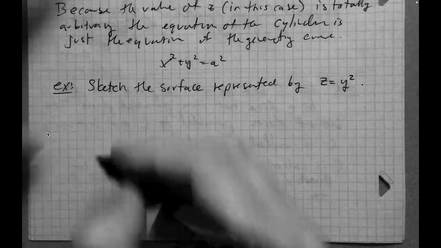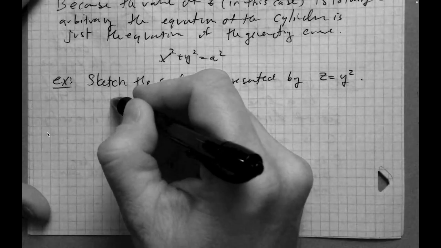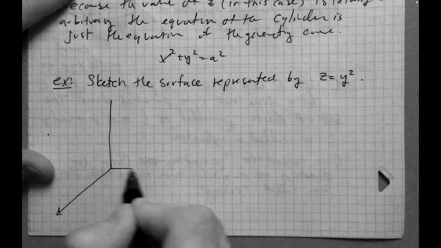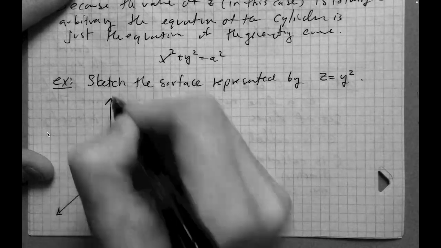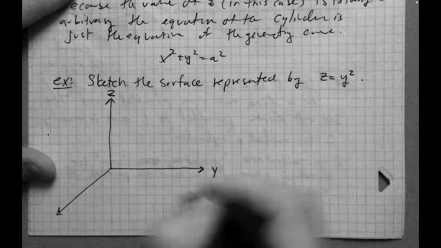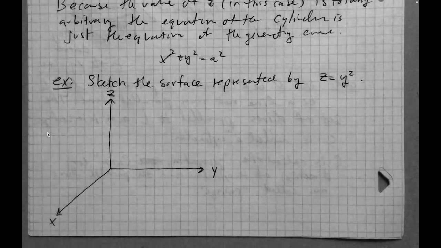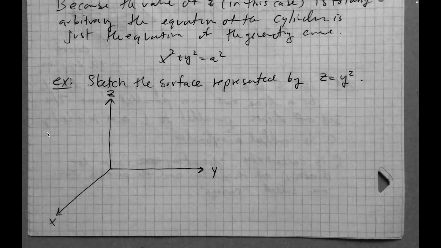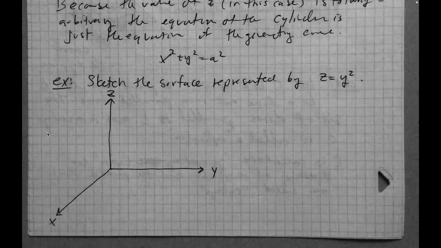Now, let's start with our coordinate plane. We'll just draw this in the standard way here. Sometimes it's better to spin it; sometimes this works fine. I usually just start with this. So you've got your x, y, z coordinates. Now you notice the equation is z equals y squared.